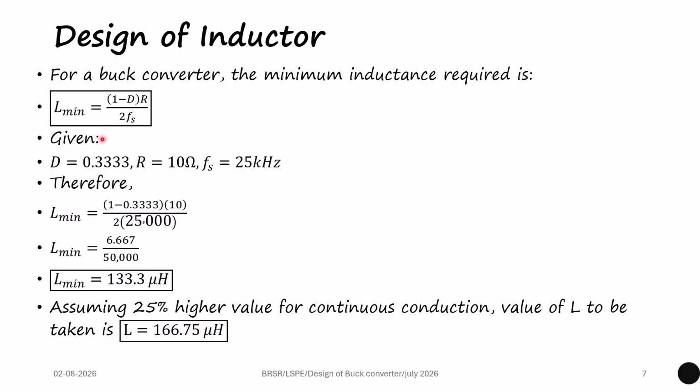So substituting the values here, we get a value of 133.3 microhenry. For continuous conduction, we assume 25% higher value of inductance. So 25% higher than this 133.3 when worked out comes to 166.75 microhenry.